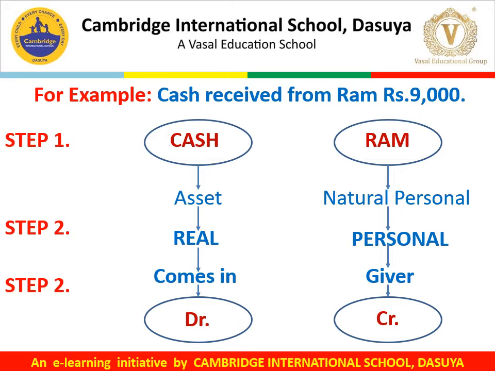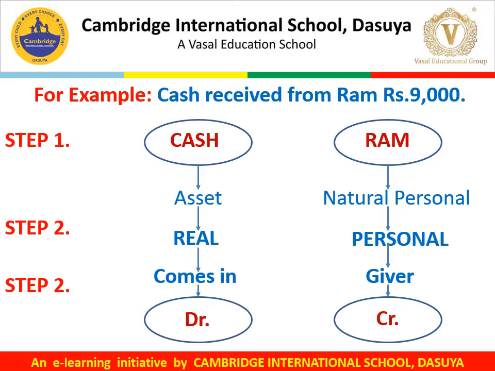As per the traditional approach, the rule for a real account is debit what comes in and credit what goes out. Here cash comes into the business, so cash must be debited. And as per the personal account rule, it is debit the receiver and credit the giver. So here Ram is the giver to the business, so Ram must be credited.